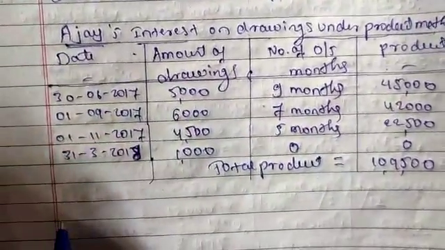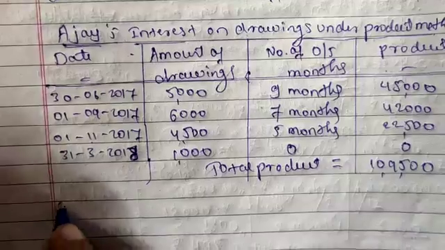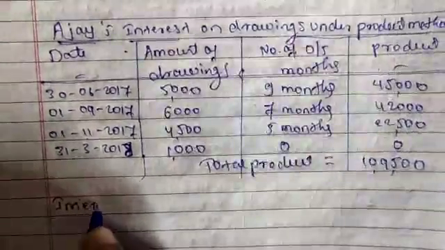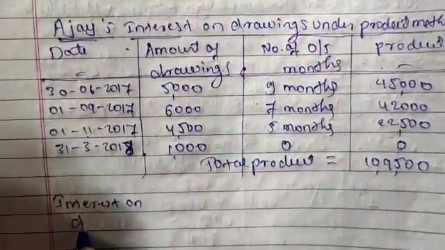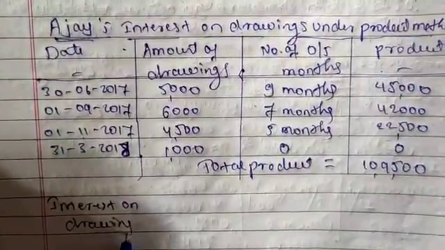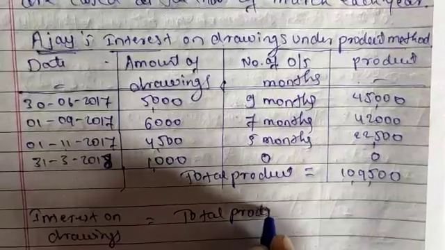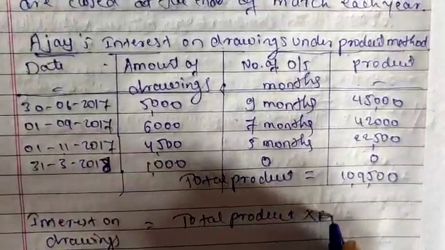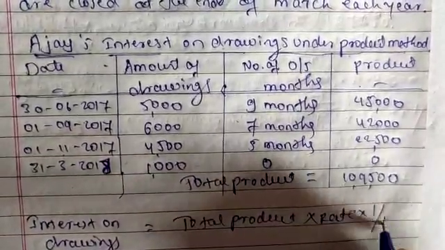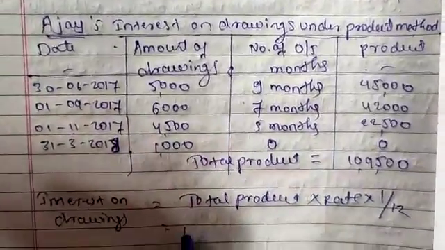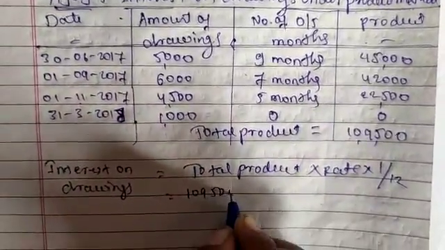Apply the formula to calculate Ajay's interest on drawings. Interest on drawings equals total product into rate into 1 divided by 12. So you got here total product 1,09,500.